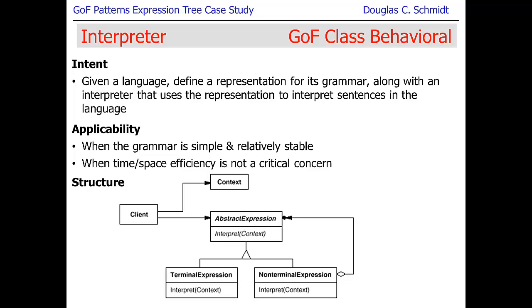If these things are different, for example, if you have a very complicated grammar, like the grammar of C++, or you really have to make this run super fast, you probably want to use some other technology, like a parser generator. Anybody know some examples of parser generators? Bison, very good. So Bison is a parser generator.